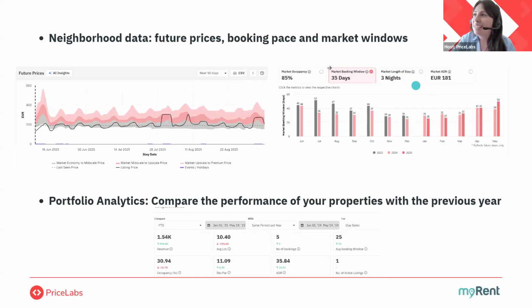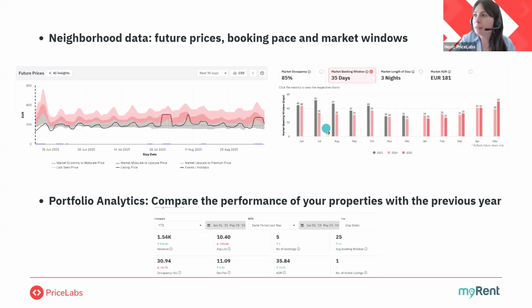or if everything looks good. Then in the market summary, you can see what we saw before, so occupancy and booking window, but referring to your specific market. So if you are, for example, in a coastal area of Croatia, you can check this and see what your booking window is, so when to expect this month to be booked. So you have a breakdown month by month.